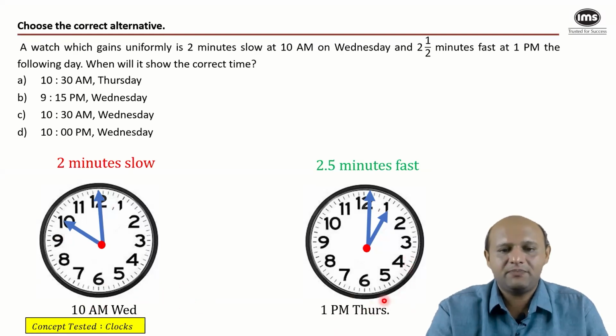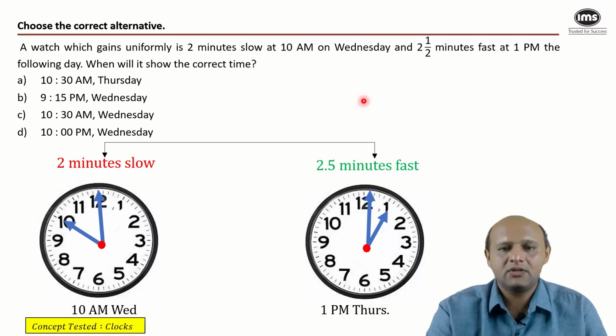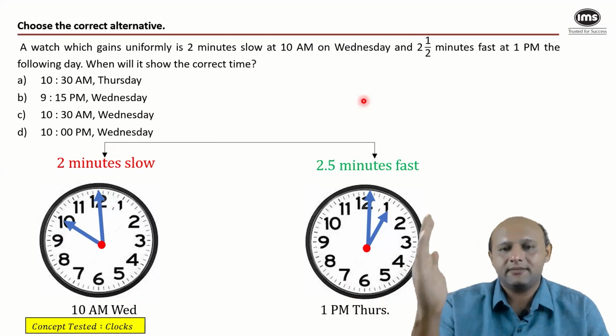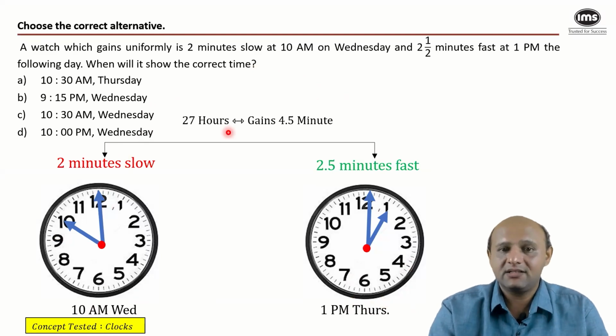So how much time has passed by? From 2 minutes slow to 2.5 minutes fast. Has the clock gained or has it lost time? Of course, it has gained time, because it was lagging. Now it is leading. Correct. So what's the time interval? Of course, 27 hours is the time interval.